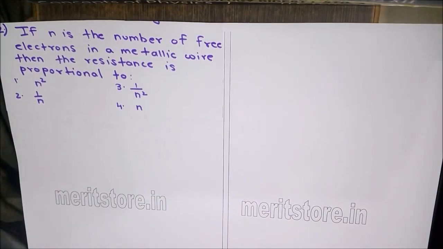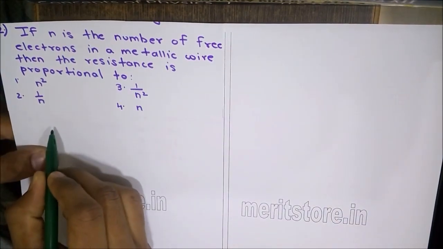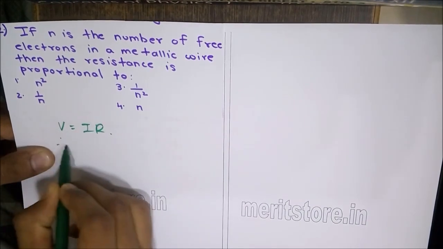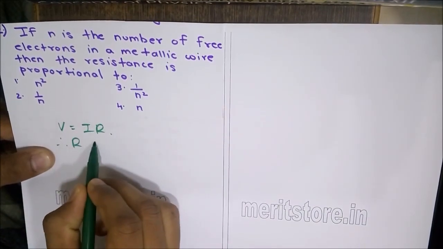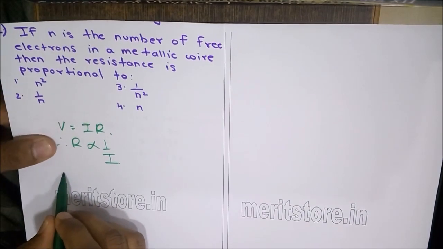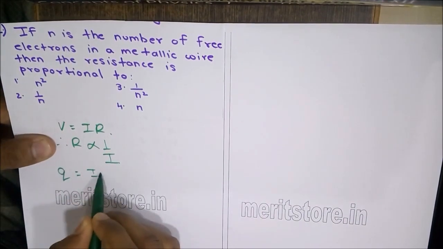If N is the number of free electrons in a metallic wire, then the resistance is proportional to. Let's look at the formula for resistance. V equals IR. Therefore, resistance here is inversely proportional to the current. And the formula for current, Q equals IT.